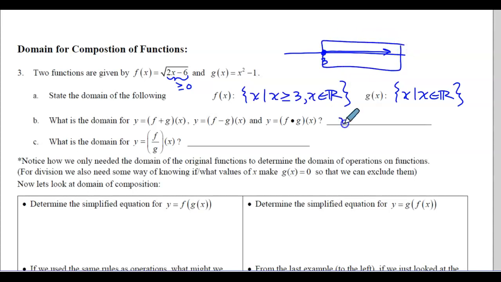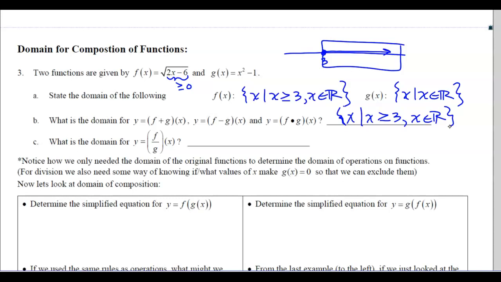So this is going to be x greater than or equal to 3, because if I had an x value of 1, I couldn't evaluate f of x. So I wouldn't be able to add it, subtract it, or multiply it with anything. So it's where the two domains overlap.